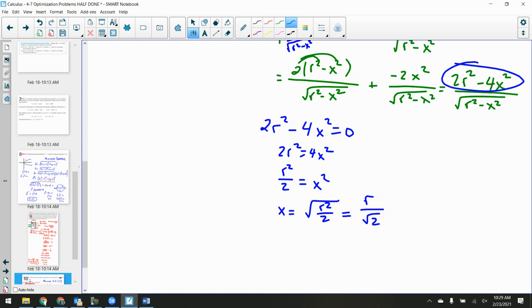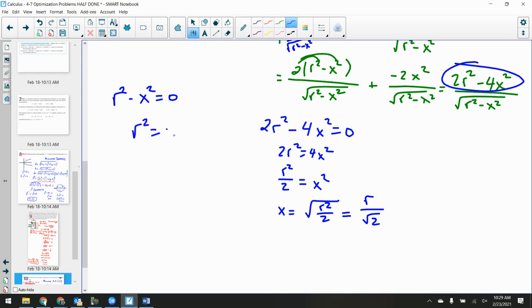Now, I guess I should have considered where the denominator also equals 0, because remember that the critical points are not only where the function equals 0, but also where the function does not exist. In this case, I would have said r squared minus x squared equals 0, because I'm looking at the bottom here. When I go to square 0, I would square 0 over to the other side.